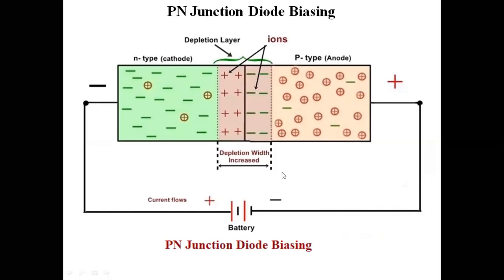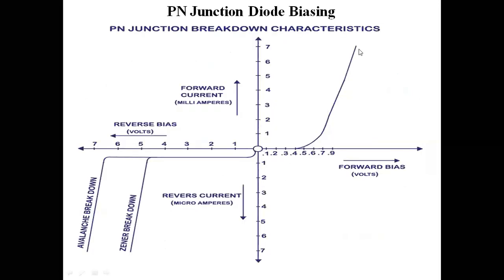After applying in the forward bias direction, I am going to obtain these characteristics here. By increasing the forward voltage, which in some textbooks is represented as Vf, and this reverse voltage as Vr.